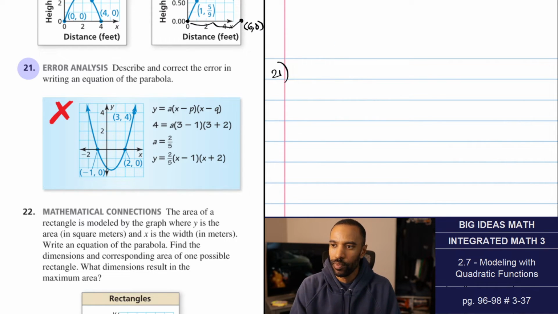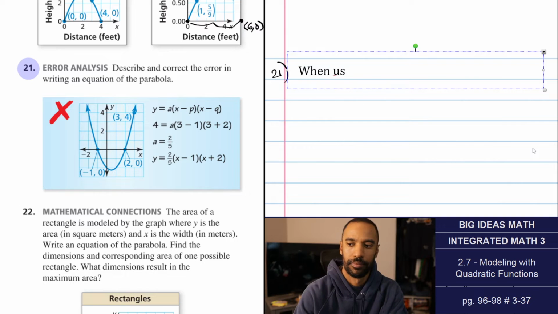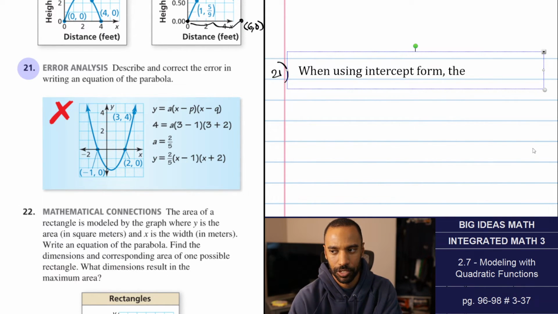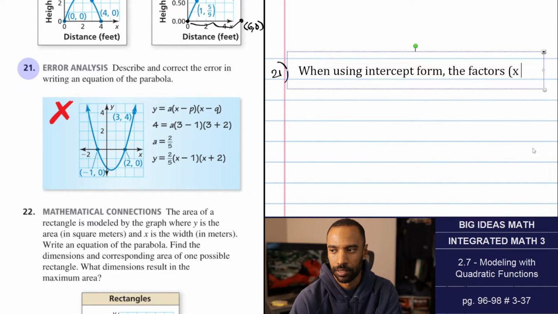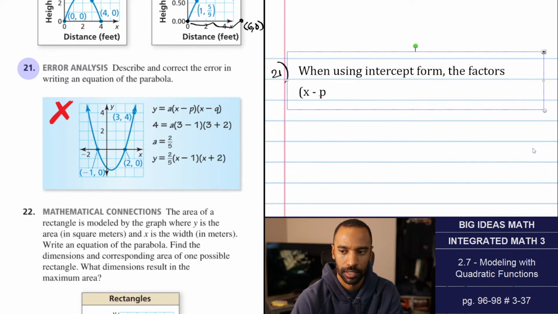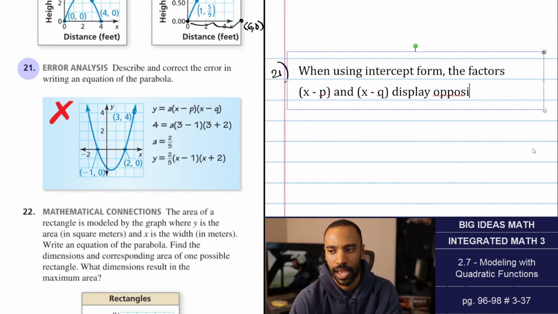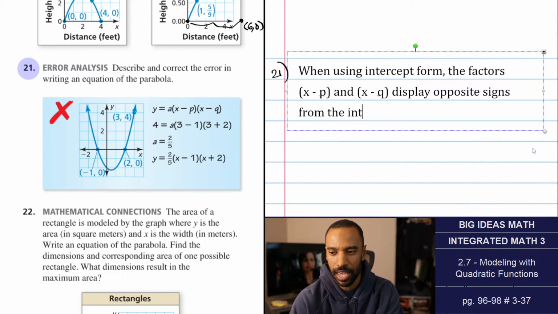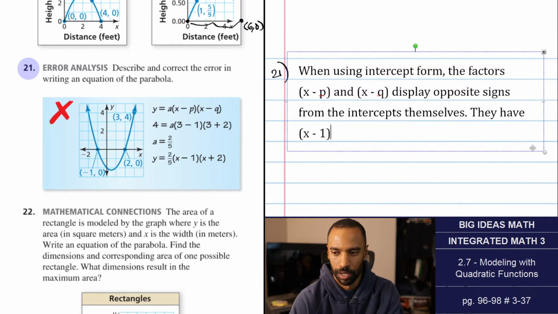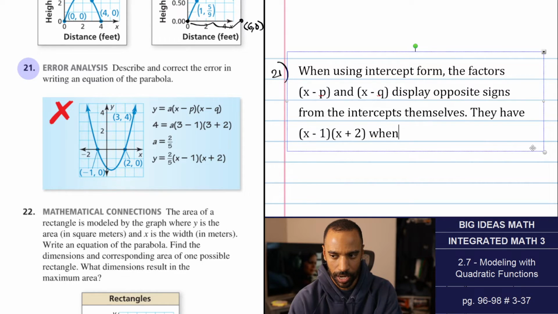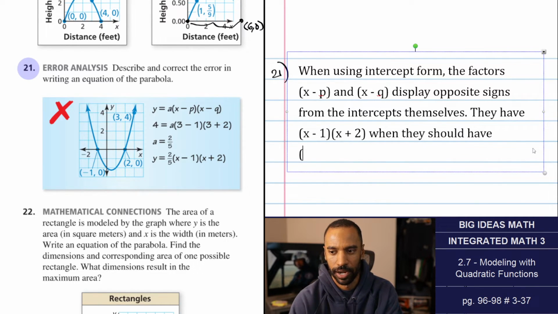So when using intercept form, the factors x minus p and x minus q display opposite signs from the intercepts themselves. They have x minus 1 and x plus 2 when they should have x plus 1 and x minus 2.